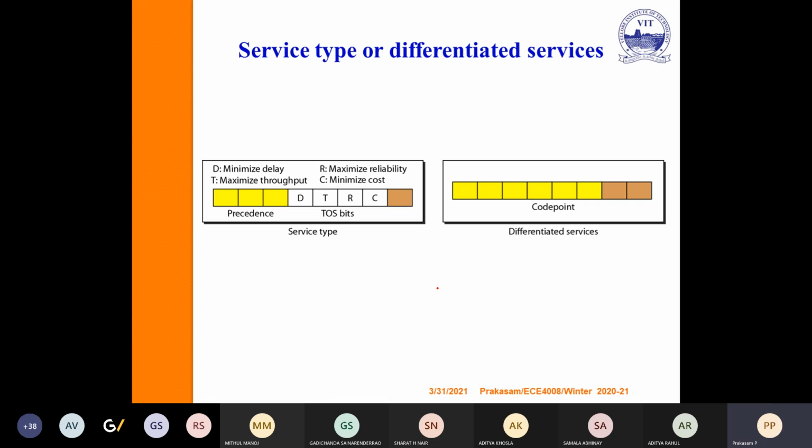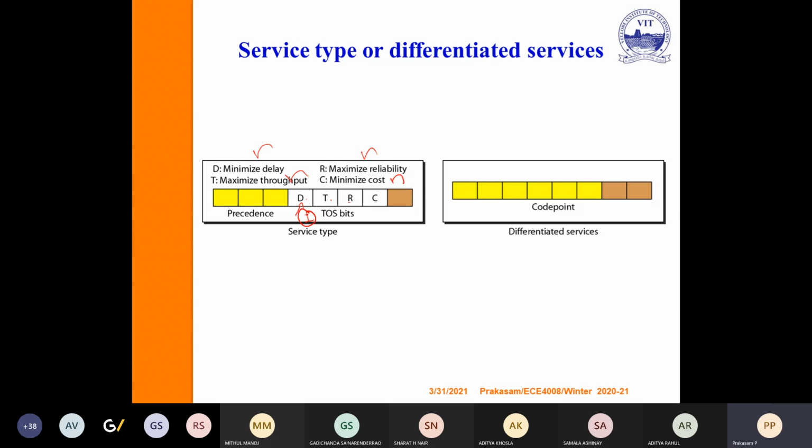So the various service types. All other things are clear to us, so now the service types. It contains 4 service types: minimizing delay, maximizing throughput, maximizing reliability, and minimizing cost. If this bit is one, automatically we can understand that the IP datagram is urgent, and we should give it a higher priority.